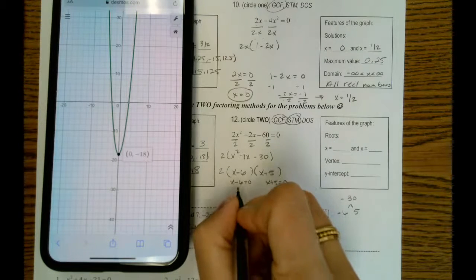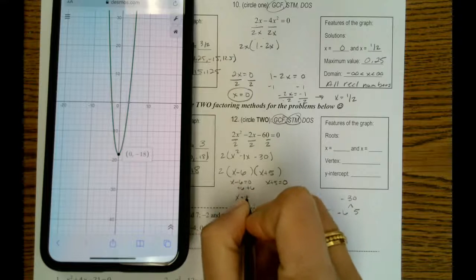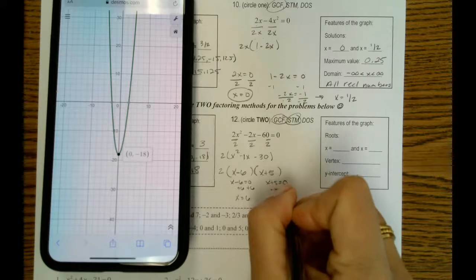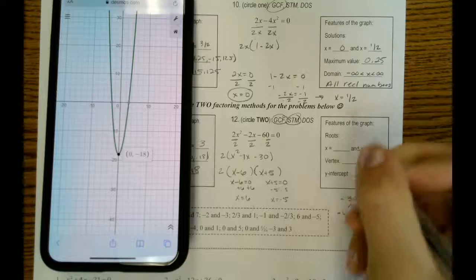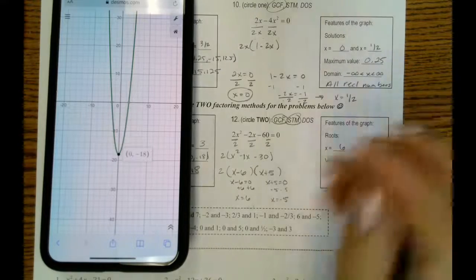Set them both equal to 0. We get positive 6 and negative 5.